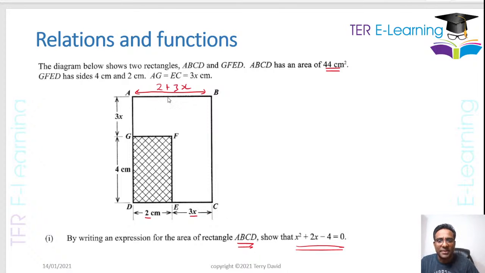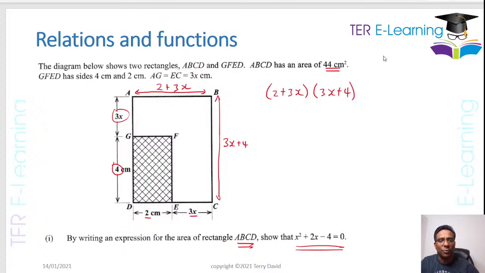Yeah, so AB is equal to 2 plus 3x, and BC, that's this length here, is actually equal to 3x plus 4. Now, to find the area of a rectangle, it is length by width or length by breadth, right? So what we're going to do is multiply those two lengths. So what we're going to have here is 2 plus 3x multiplied by 3x plus 4.